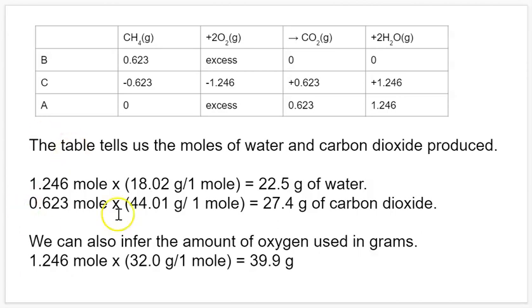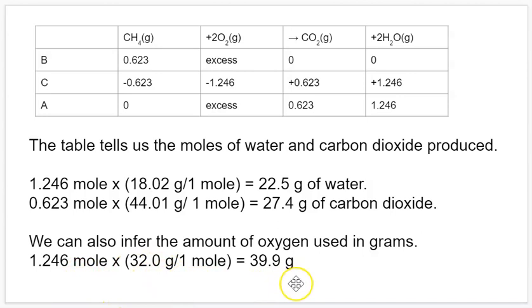So for water, we multiply by 18.02 grams over 1 mole, and we get 22.5 grams of water. And 0.623 moles of the carbon dioxide is going to amount to 27.4 grams of carbon dioxide. And for the oxygen, we can also infer how much of that was used by using its molar mass as well.